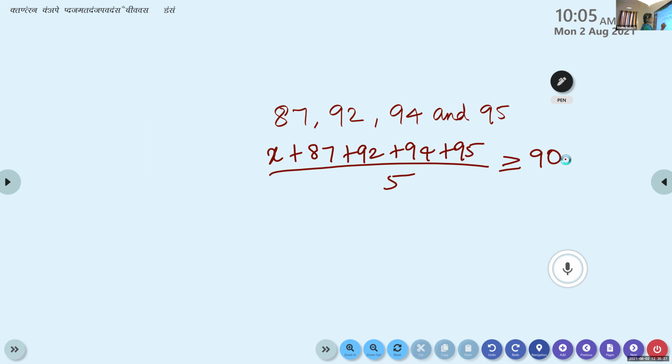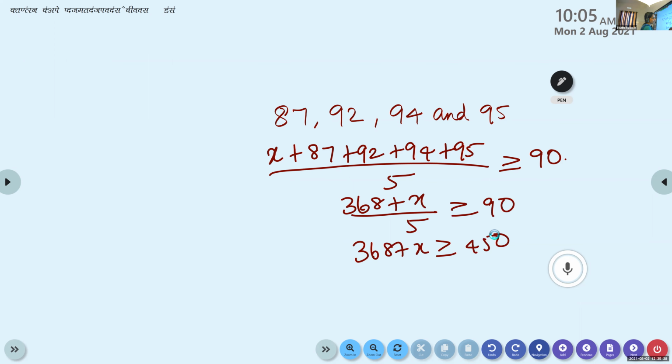So when you add all those things, you get 368 plus x by 5 is greater than or equal to 90. So 368 plus x is greater than or equal to 450. So x is greater than or equal to 450 minus 368. So what will be the answer?